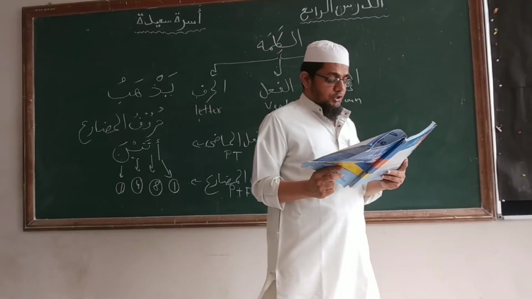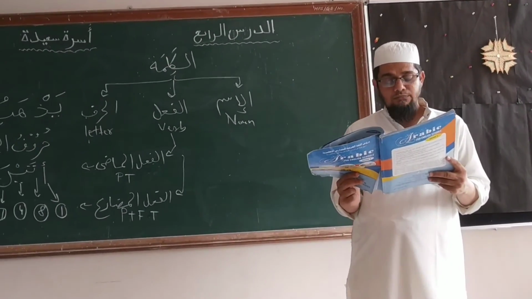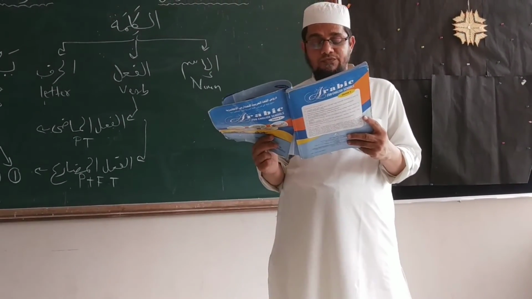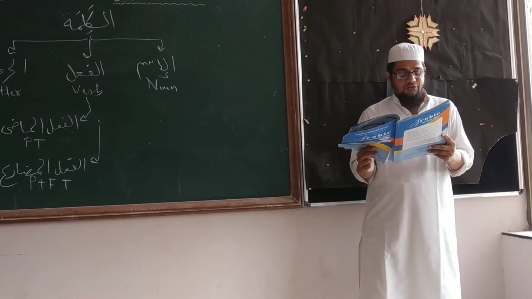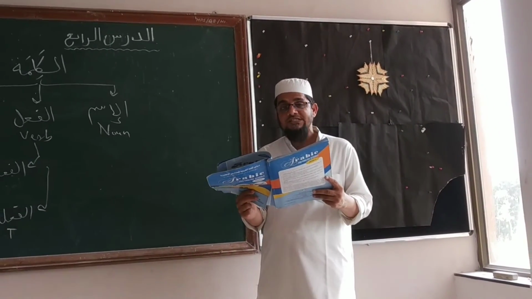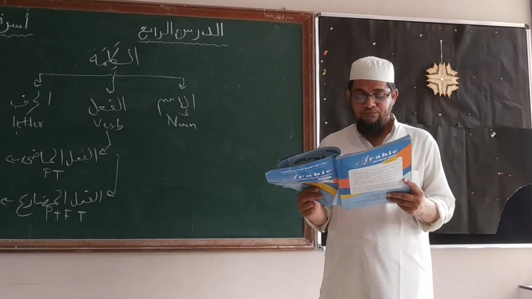Warashid yurattibu, arranges, asas vessels, al-manzil house. Rashid arranges house vessels. Wayusa'idu zawjati fil matbakh, and he helps my wife in the kitchen. And we do not throw al-fadalat, wastage, here and there.